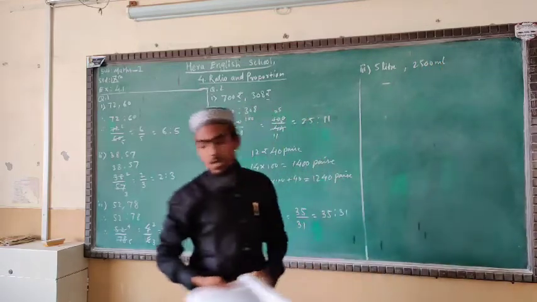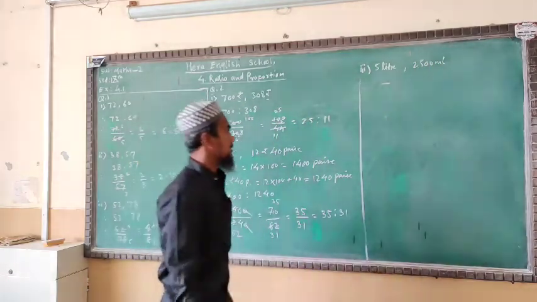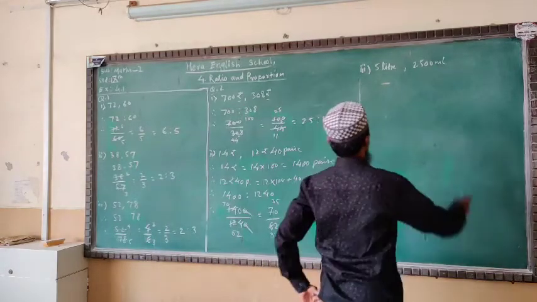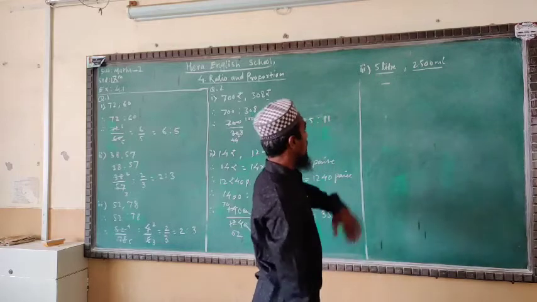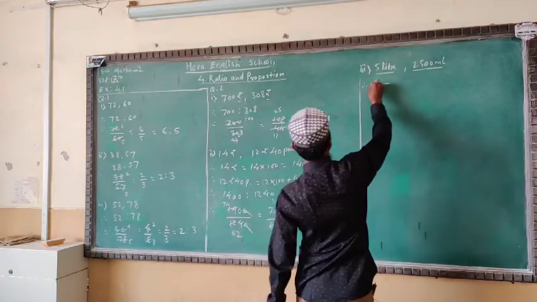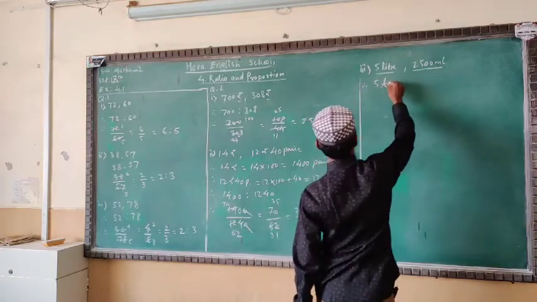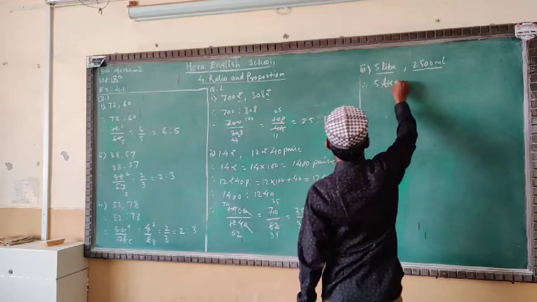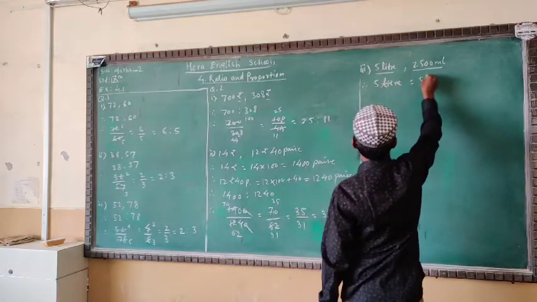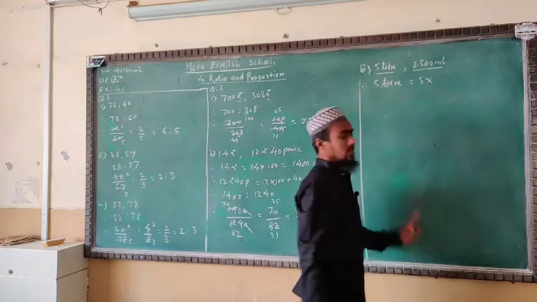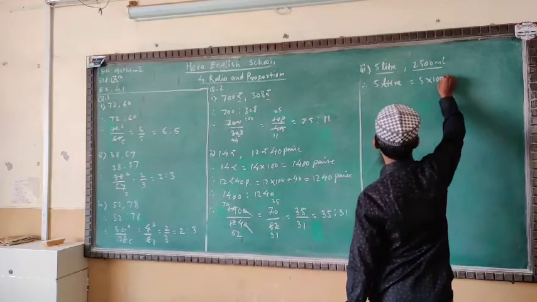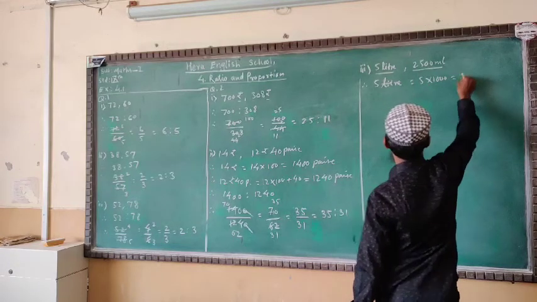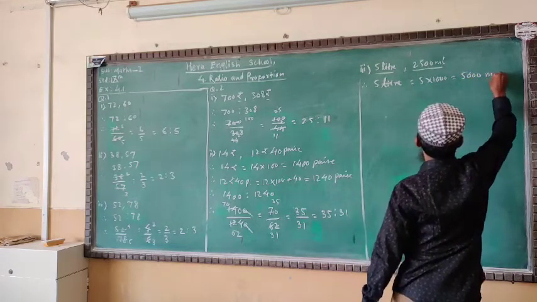See, milliliter is the lower unit here, and liter is the higher, so we'll convert the liter into milliliter. You know very well, in 1 liter there are 1000 milliliters, so we'll multiply by 1000. 5 liter, you will get here 5000 ml.